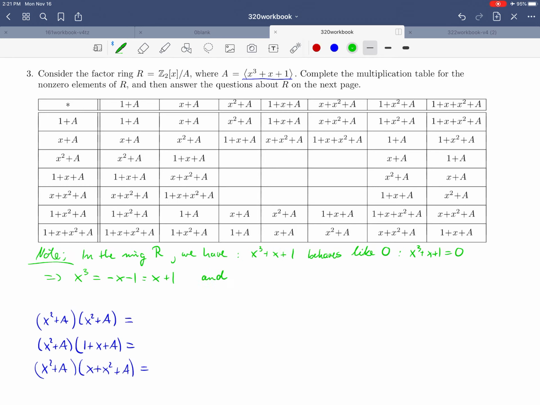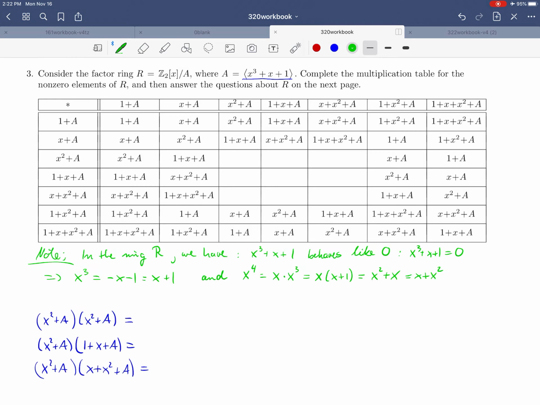So every time we see an x cubed, we can replace it with x plus 1. And every time we see an x to the 4th, we can do something with that too, because x to the 4th is equal to x times x cubed. But we just said that we can replace that x cubed with x plus 1, so we have x times x plus 1. That means we can replace x to the 4th with x squared plus x, or x plus x squared, whichever you like.